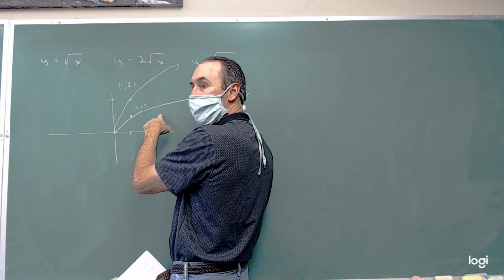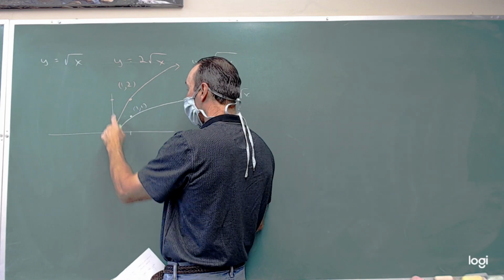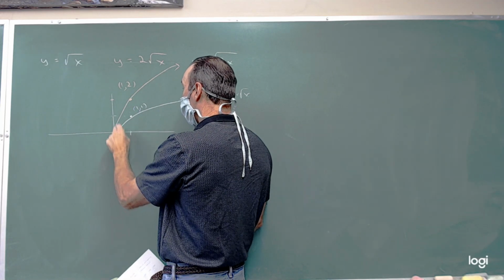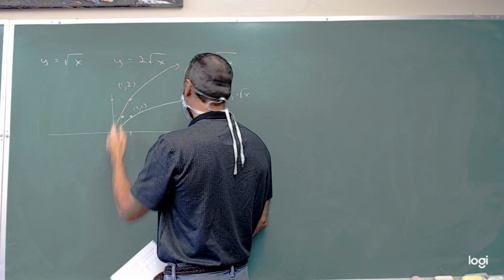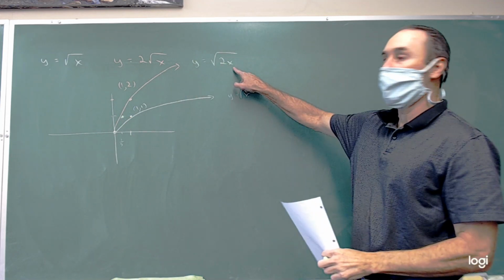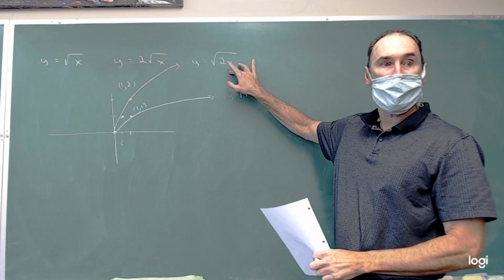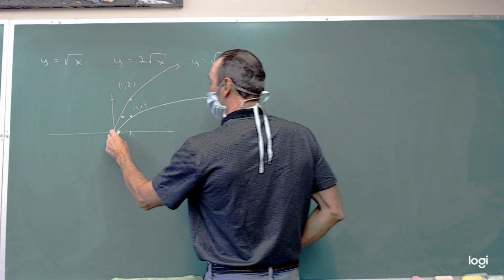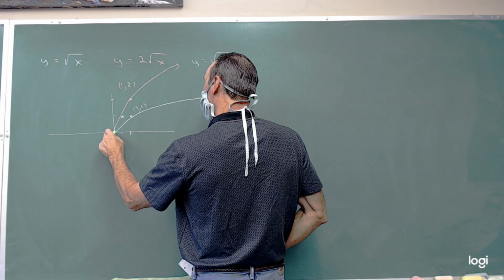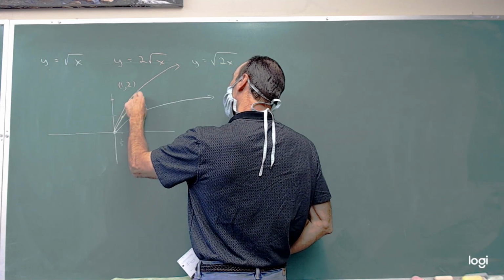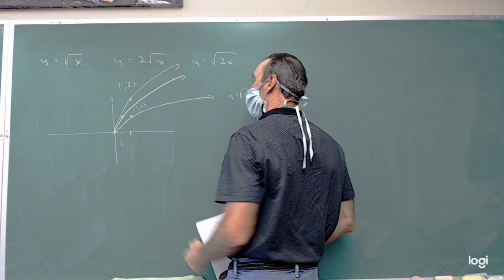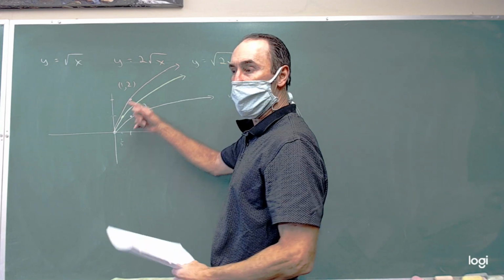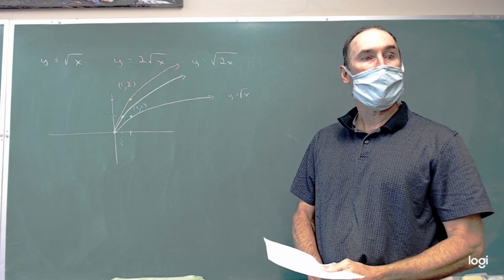That won't work. So it's up 1 over a half, and that's a point that's going to be on our curve. Because when we plug in 1/2 for x, 2 times a half is 1, the square root of 1 is 1. Okay, so it's going to look then something like this, which you can see is really hard to distinguish between a vertical stretch and a horizontal shrink.